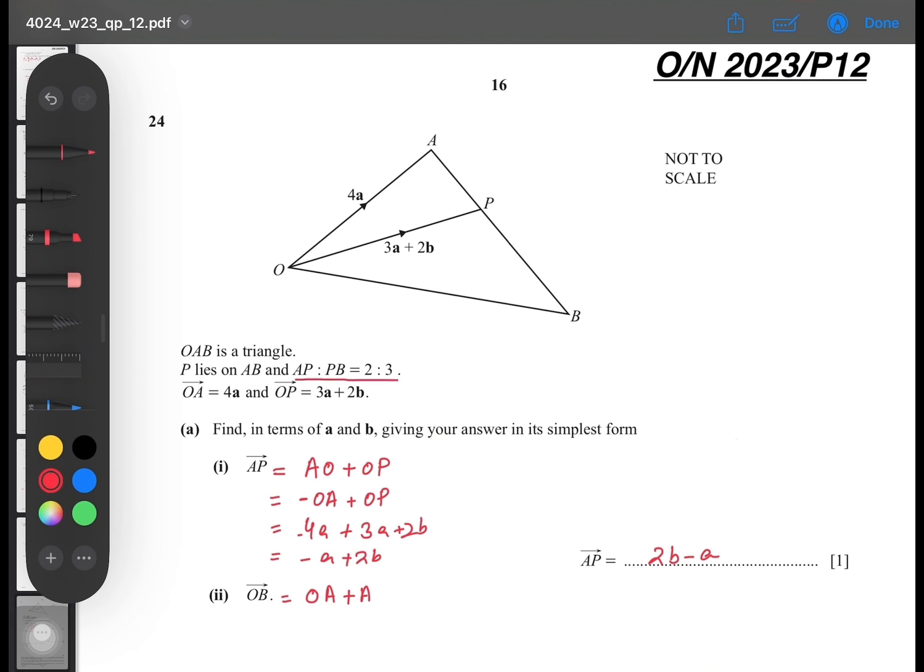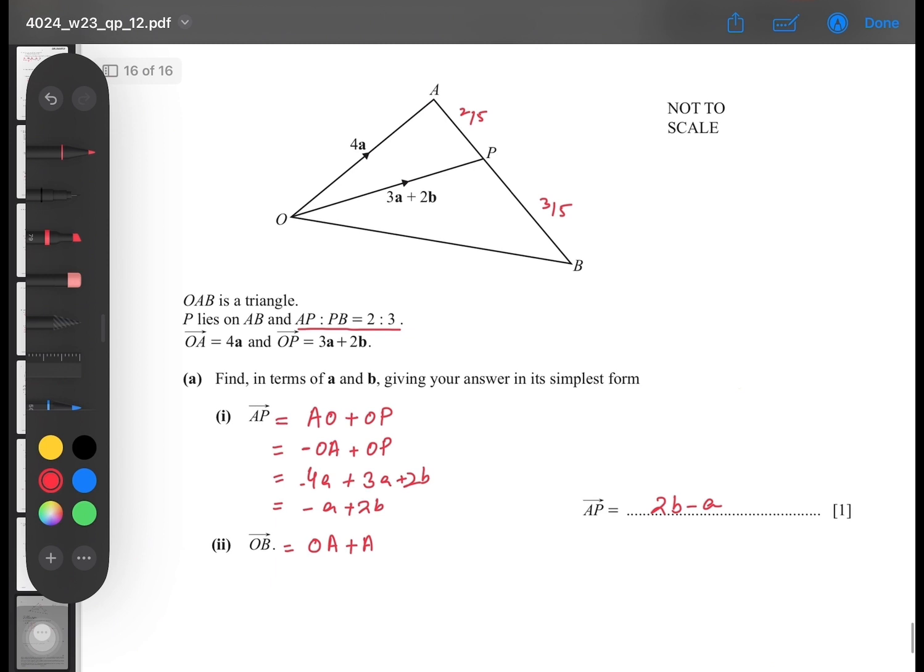So the fraction for AP is 2 over 5 and the fraction for PB is 3 over 5. So for AB, we know that 2/5 of AB is 2B minus A.